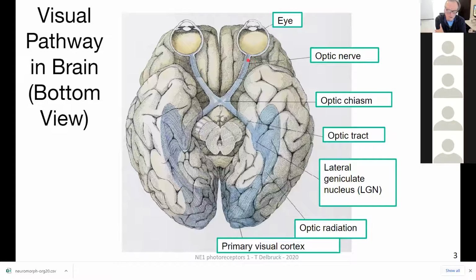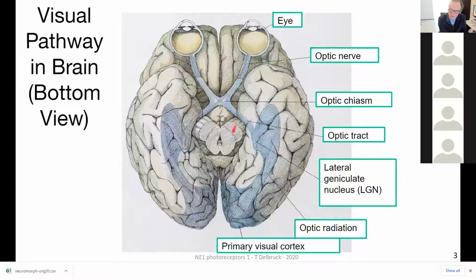Each of these optic nerves has about 1 million nerve fibers in it. They cross over in a very interesting way that I won't go into, but half of the nerve fibers go to one half of the brain and the other half go to the other half at the optic chiasm.